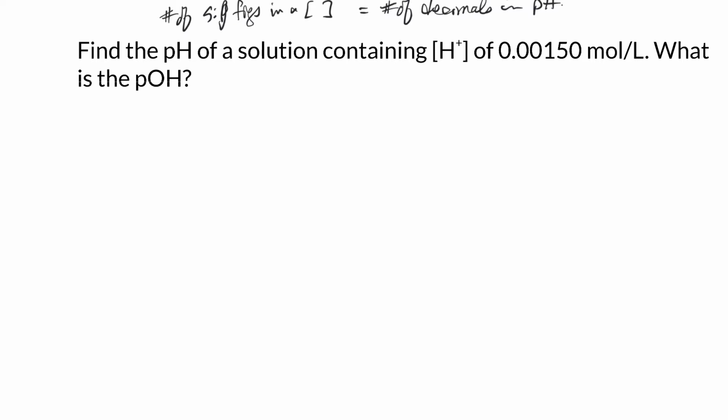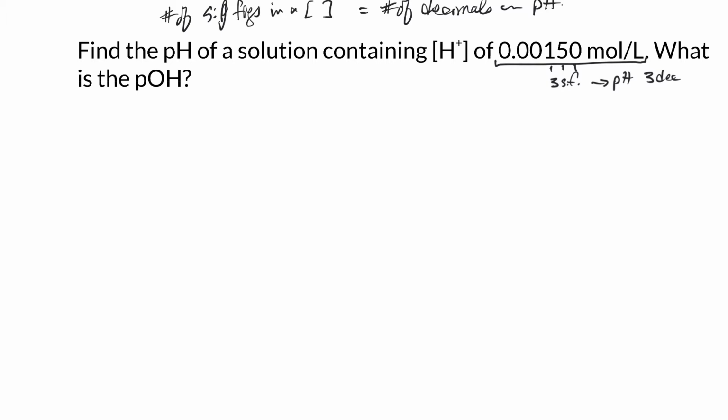So for example, this question, this is a concentration, and there are 1, 2, 3 sig figs. So when I determine the pH, I'm going to have 3 decimal places, or 3 places after the decimal point.